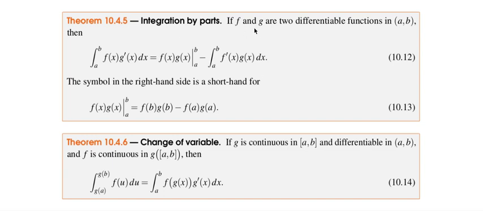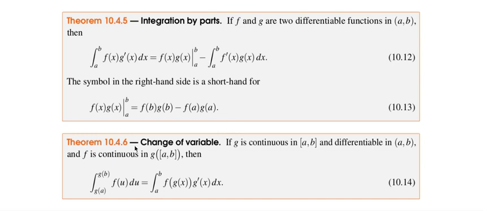So if f and g are two differentiable functions in open (a,b), then the integral from a to b of f times g prime is f of x times g of x evaluated at b minus the same expression evaluated at a, which is what it says here, and then minus the integral between a and b of f prime times g. This is just applying Barrow's rule.